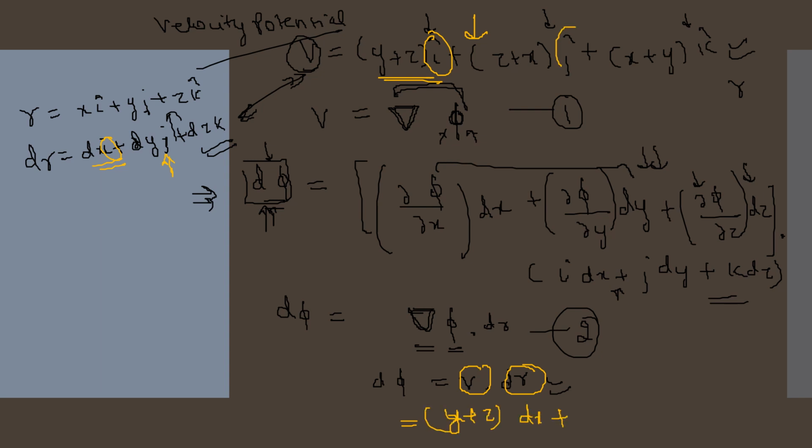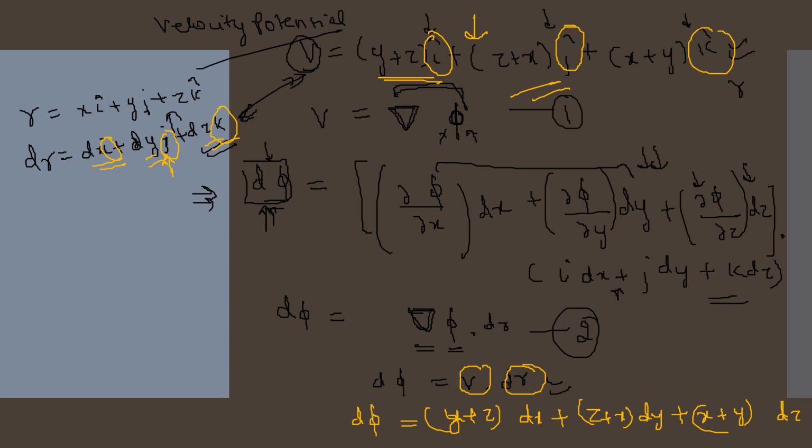Plus this j dot j will become 1. So dy into z plus x. So z plus x into dy. Plus this is k dot k. This will become 1. So x plus y into dz. Yes or no? This is what we have got in terms of d phi.